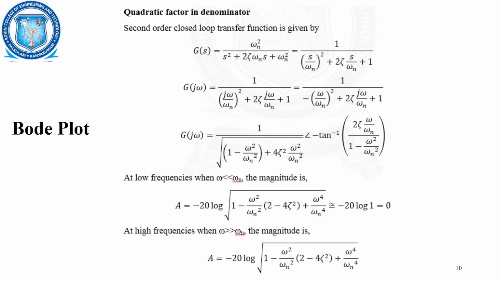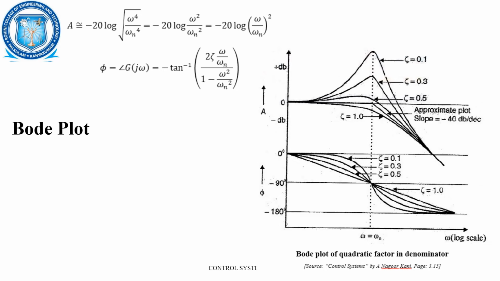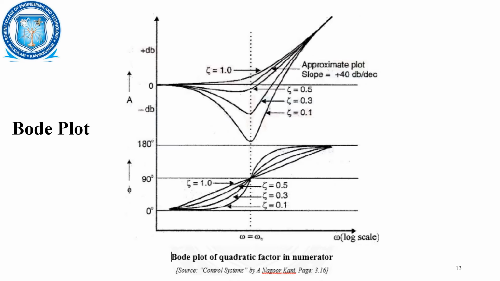Next is the quadratic factor in the denominator, positive. If we see the values here, this is actually an increasing part. When the zeta value is very small, we can see the oscillation is heavy in the negative direction, and after that it is increasing.